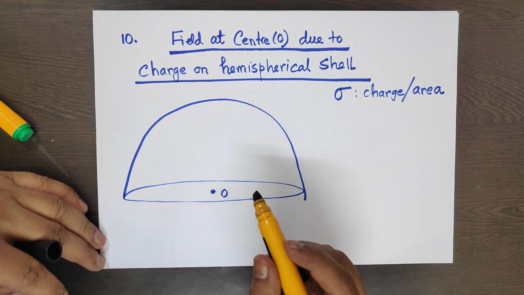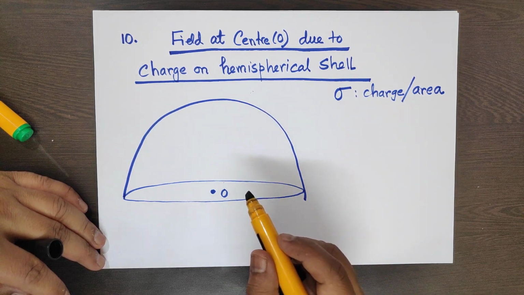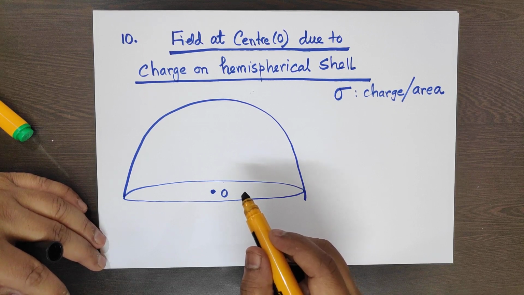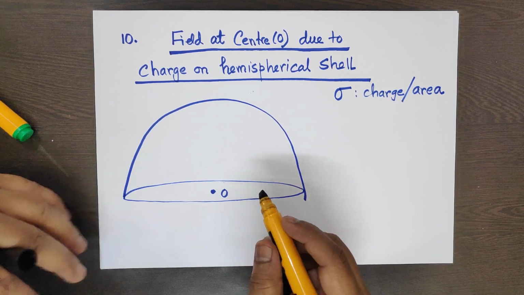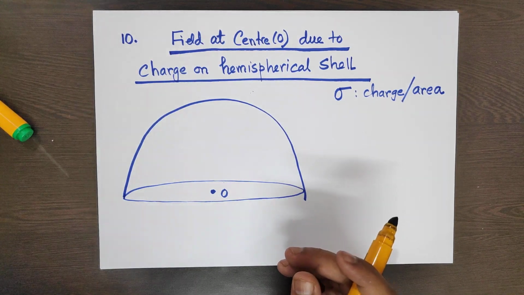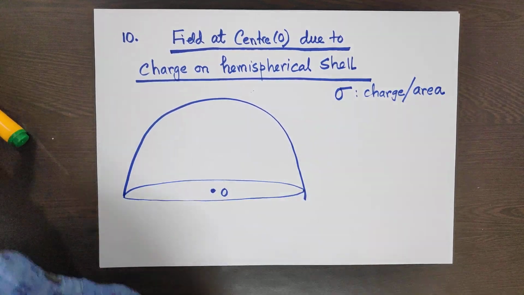Now, here we will use a result where we have calculated the field on the axis of a ring. Do you remember that field on the axis of a ring? Let me recall that formula from a previous lecture.